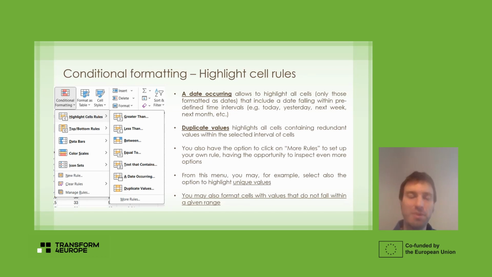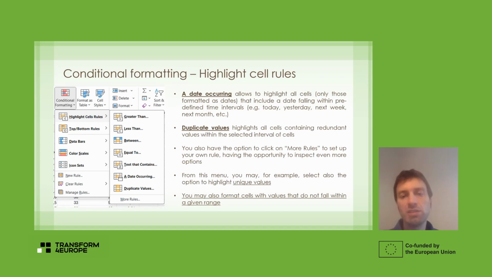So you have a table that includes a list of tasks or a list of certificates that are going to expire and you need to renew, okay? Well, you might want to highlight only those that will actually expire within the next week in red, within the next month in yellow, so you can keep track of your data in order to prioritize the actions. And this is a good method to do that. So you can use these conditional formatting options, and you will have a different conditional formatting applied to different values.